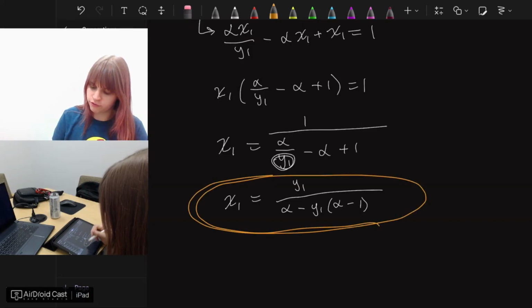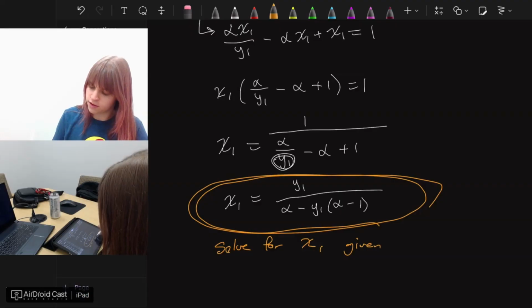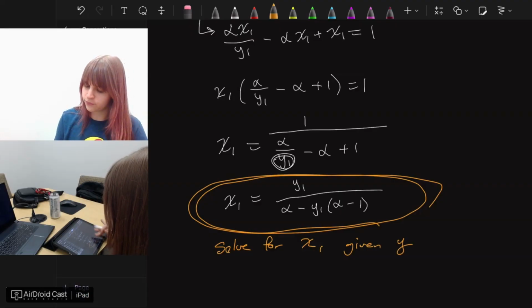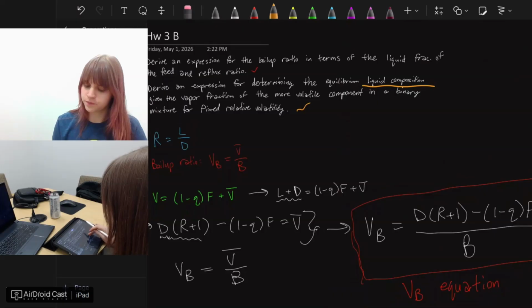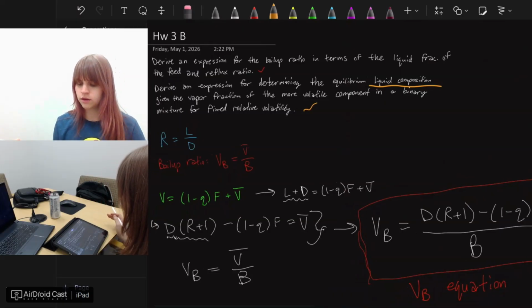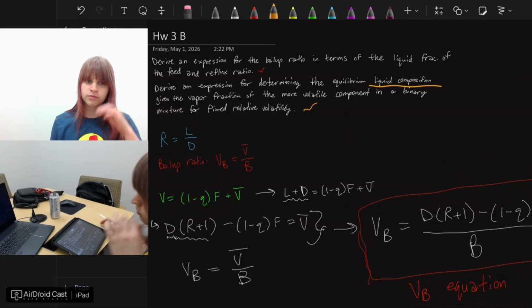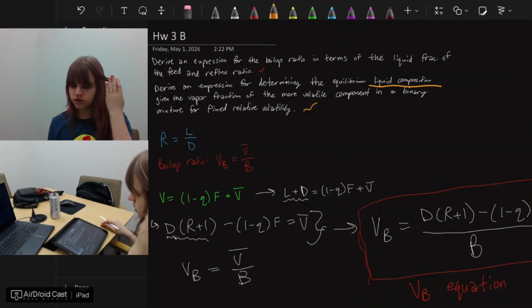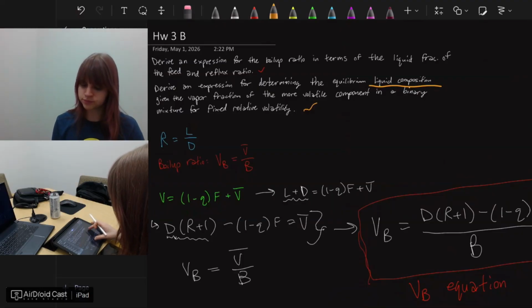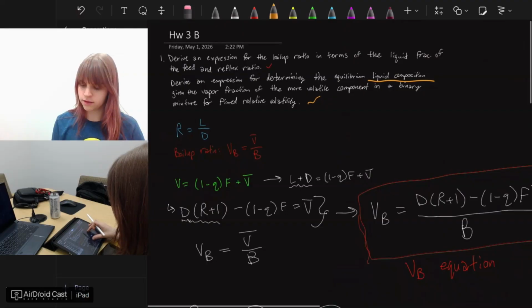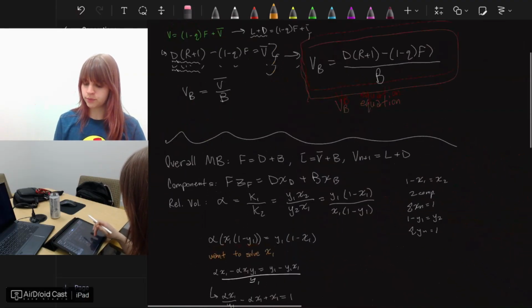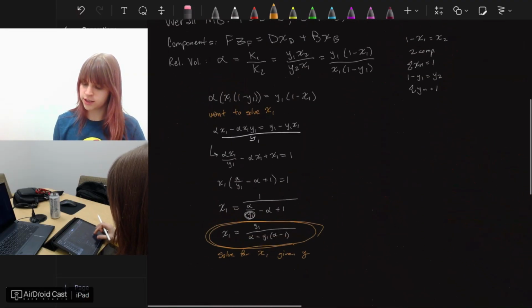How to solve for X1 given Y. Right, so we did this. So we basically derived the expression to calculate the equilibrium liquid composition given the vapor fraction of the more volatile component for fixed relative volatility. So that was our equation right there.